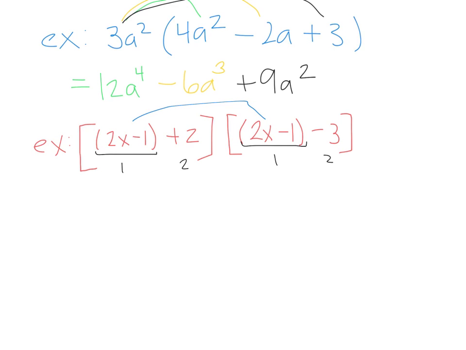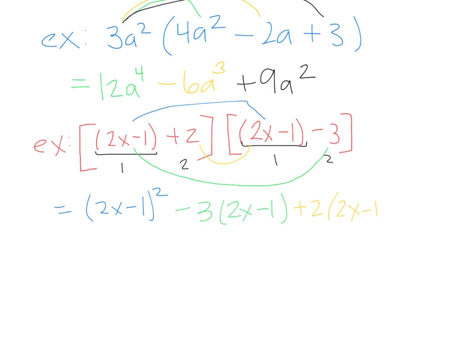So if we do that, we get 2x minus 1 squared because we're multiplying that 2x minus 1 by itself. All right, then we multiply the outer, so we get minus 3 times 2x minus 1. And then we multiply the inner, and we get plus 2 times 2x minus 1. And then we multiply the last, so we get minus 6.